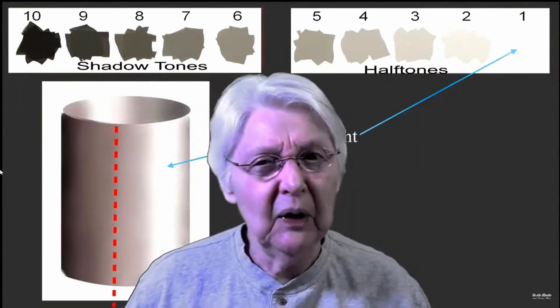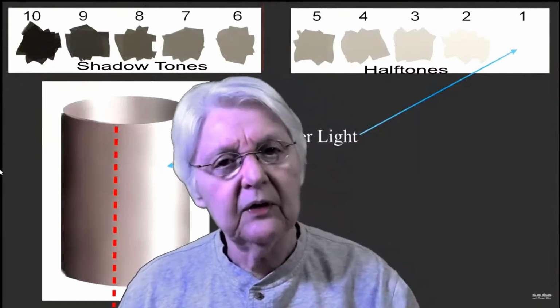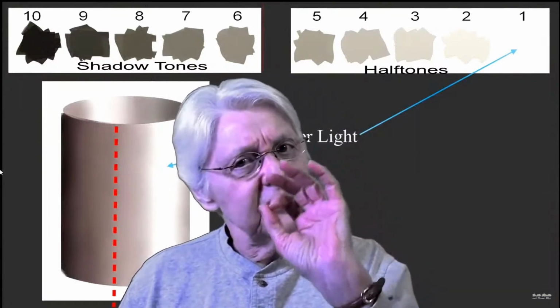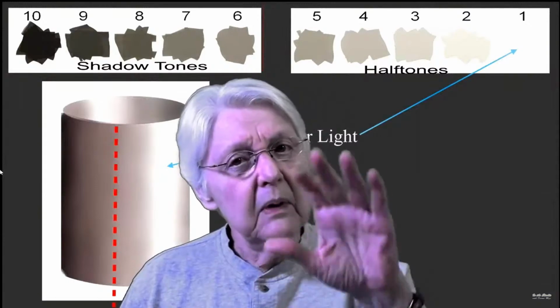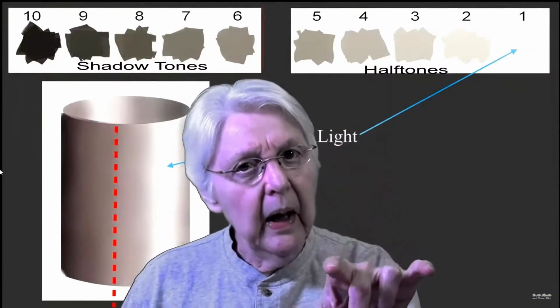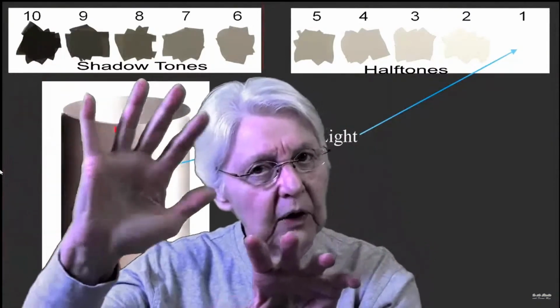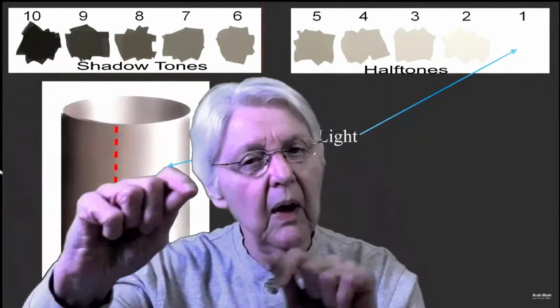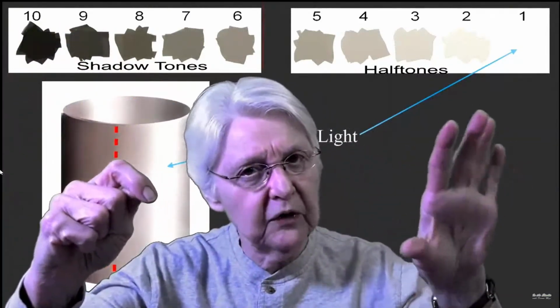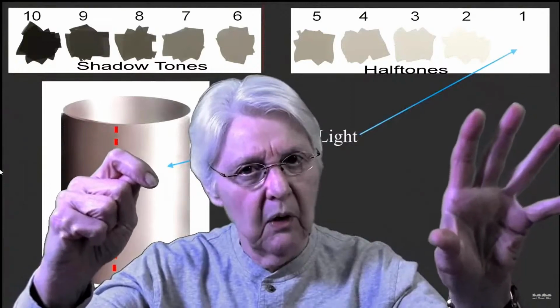When you're looking at green foliage, you do not see the same hue of green where the sun rays are hitting it strong, as you do where the sun rays are not hitting it quite so strong.